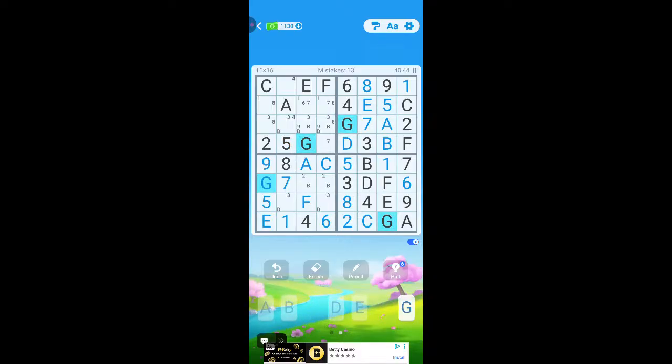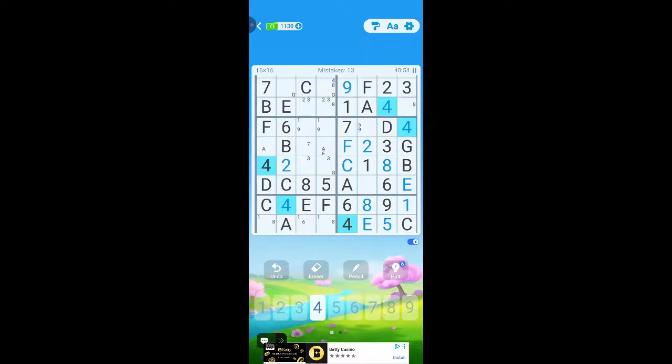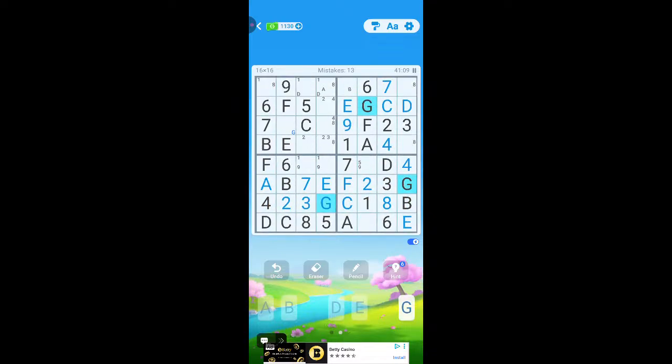G. Unclear. 7. 4. A. I almost second guessed before I pressed it. 7. E. G. G. Like when you get the labeling right, great. If you messed it up, you're messed.